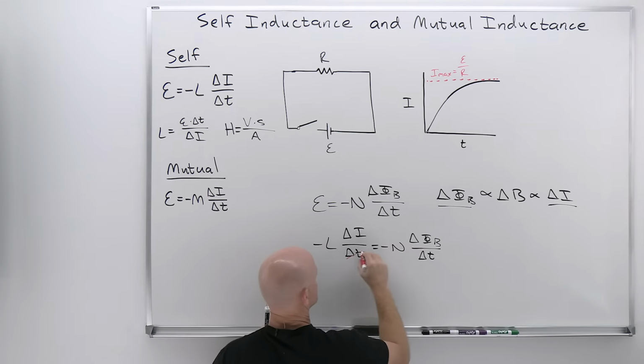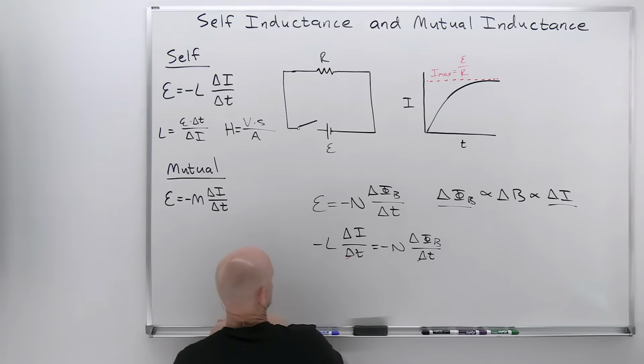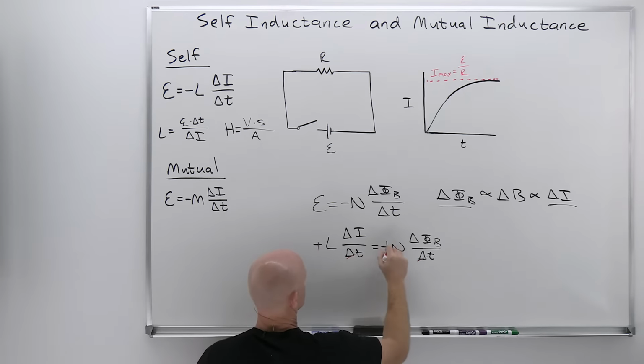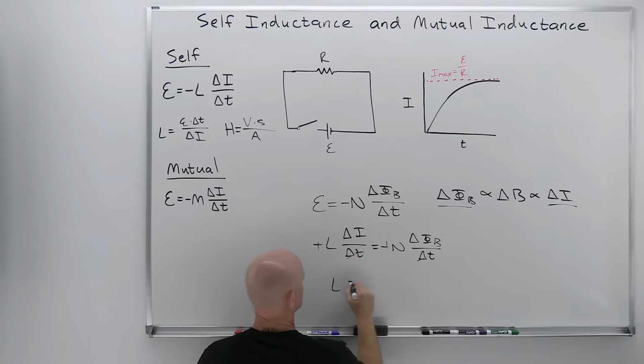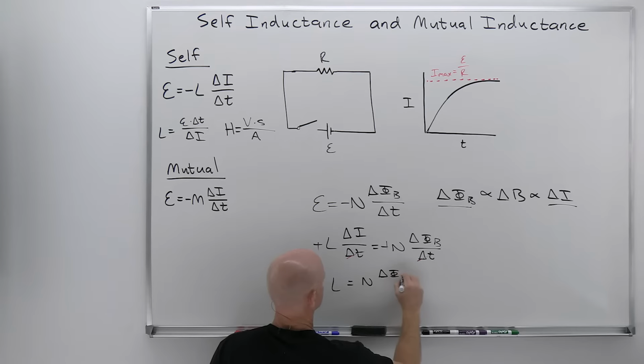The changes in time are going to cancel, and the negative signs, truth be told, we'll get rid of those too. We'll just make those positives. Then solving for L, we get N times the change in the magnetic flux over the change in the current.